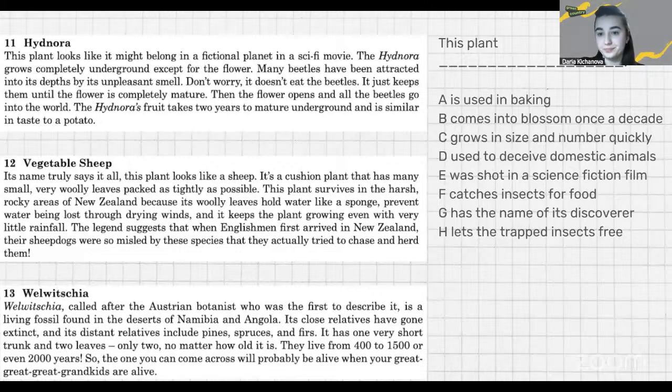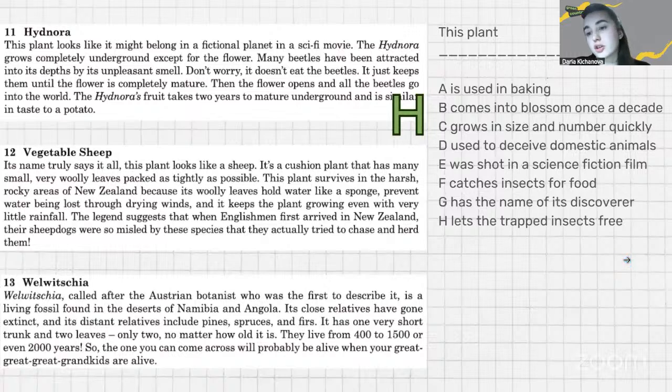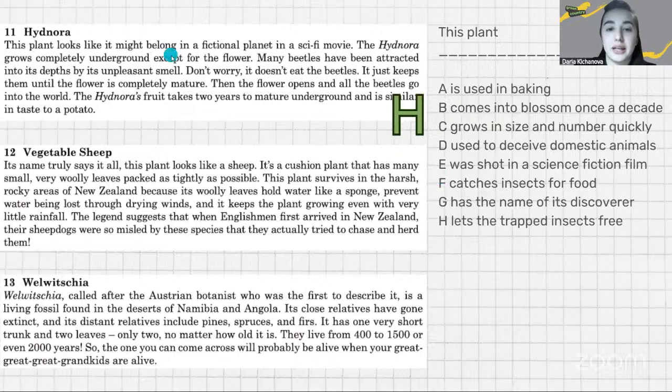Okay. So I can see answer E and answer H. Okay, I'm sorry, answer H. Why? You had an option of E, was shot in a science fiction film. But you need to take a look that it might belong in a fictional planet.